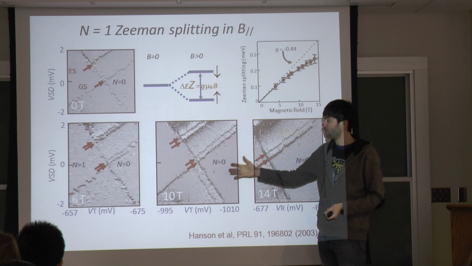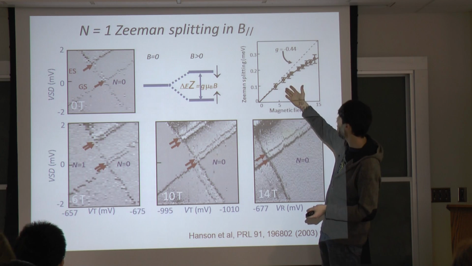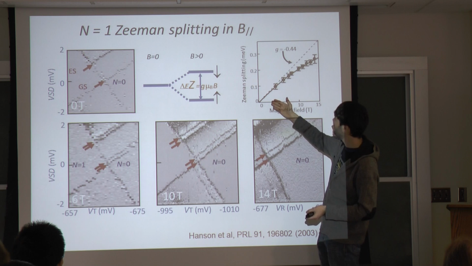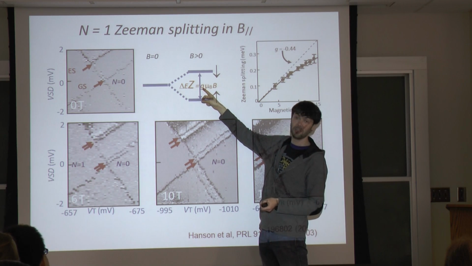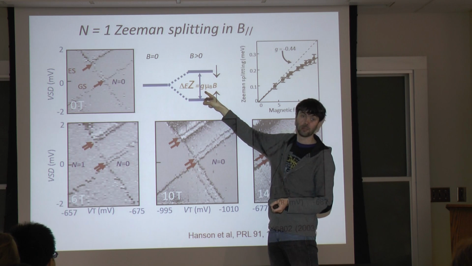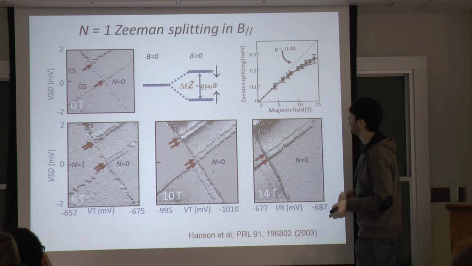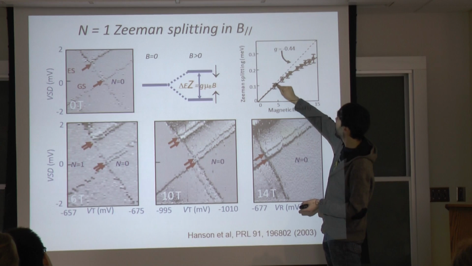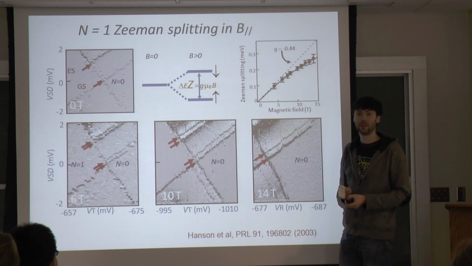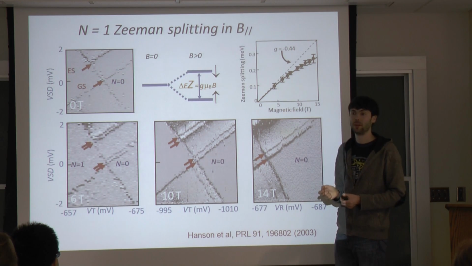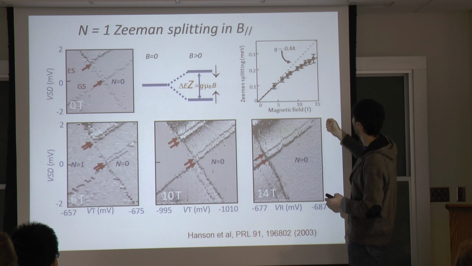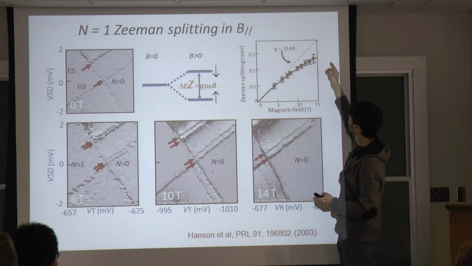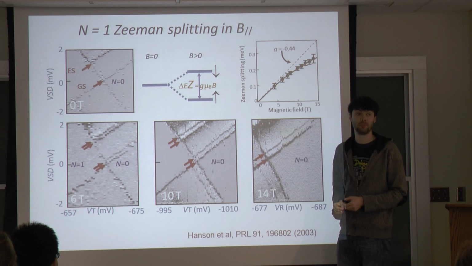So they've done it for a bunch of fields, and they've made this plot, Zeeman splitting as a function of magnetic field, in order to extract this G parameter, the G factor. And what they found is that they were actually expecting the dashed line, the 0.44, that's the gallium arsenide number. We will get to that in a moment, why it is not 2, for example, like for a free electron. But they found that the G factor follows another line.